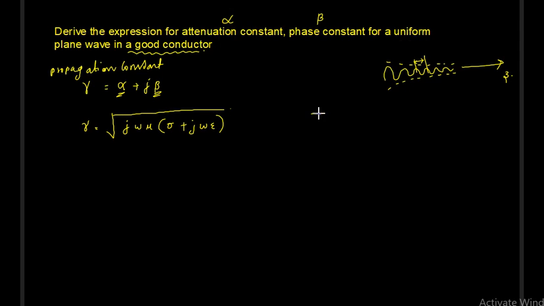For a good conductor, we know that sigma by omega epsilon is much greater than 1. Let us take out j omega epsilon outside. So this becomes j omega mu times j omega epsilon, and inside the bracket becomes sigma by j omega epsilon plus 1.